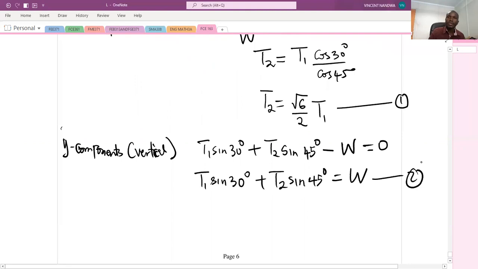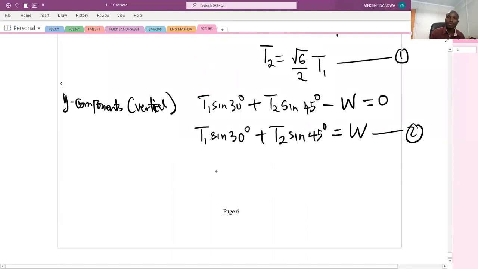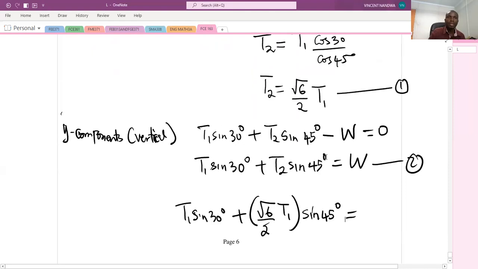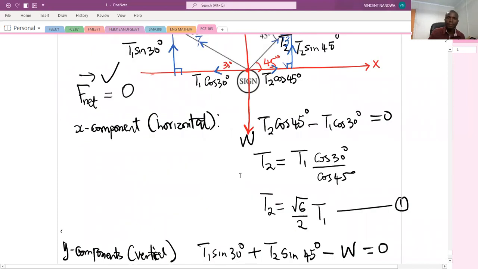So replace 1 in 2. So we'll have T1 sine 30 degrees plus, so what is T2? We put root 6 over 2 T1, and then you multiply this one by sine 45 degrees, should give us weight, which is mass times g. Mass of this is 10.